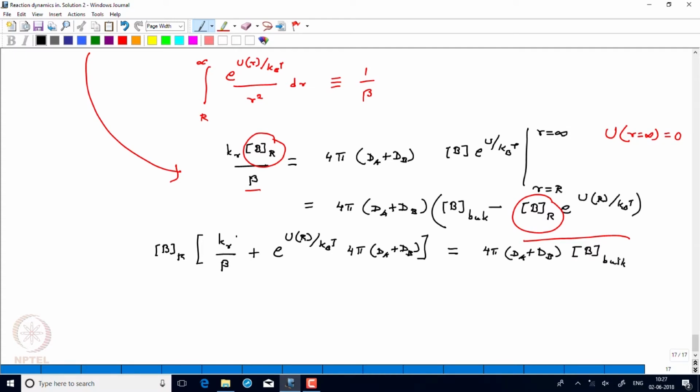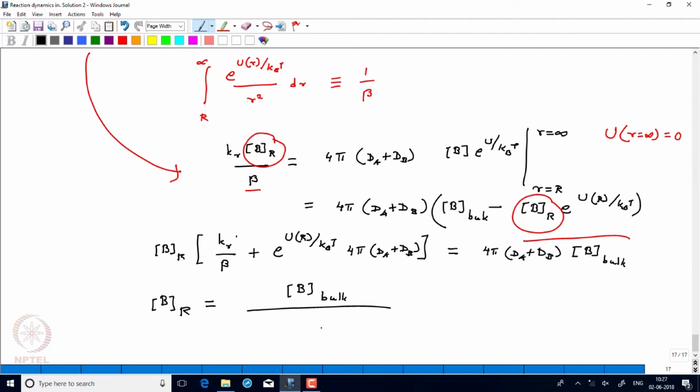So now we can easily see what will be the value of B at R. That will be nothing but B at bulk times the 4 pi (dA plus dB), but we can actually divide the numerator and denominator again by 4 pi (dA plus dB), and you know how to do it.